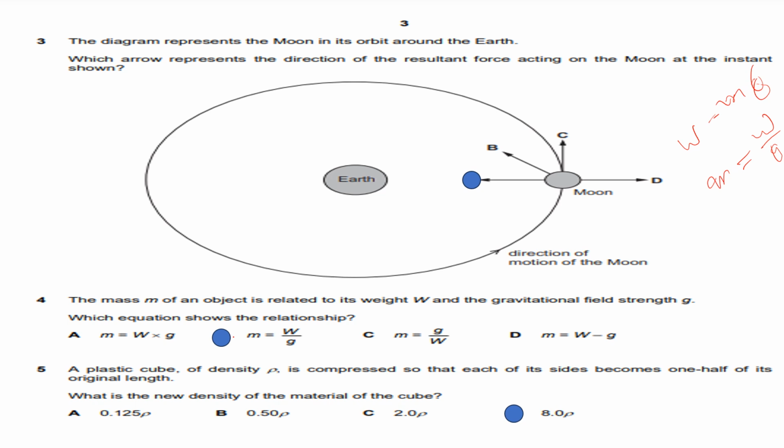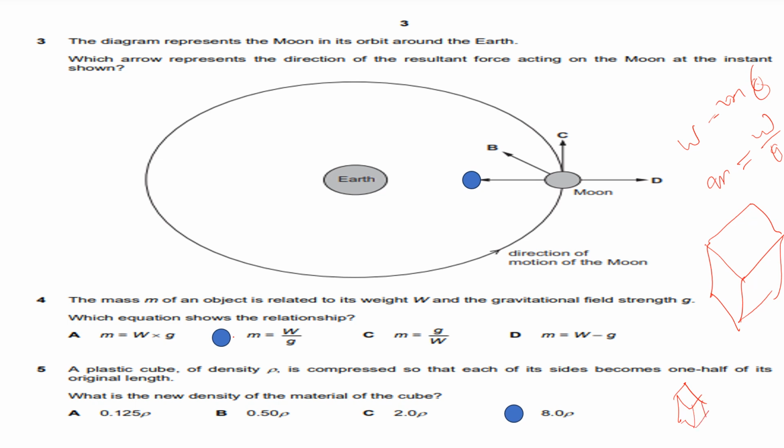Next, a plastic cube of density rho is compressed so that each of its sides becomes 1/2 of its original length. What is the new density of the metal of the cube? Here the cube, each side becomes 1/2, but the mass is unchanged.